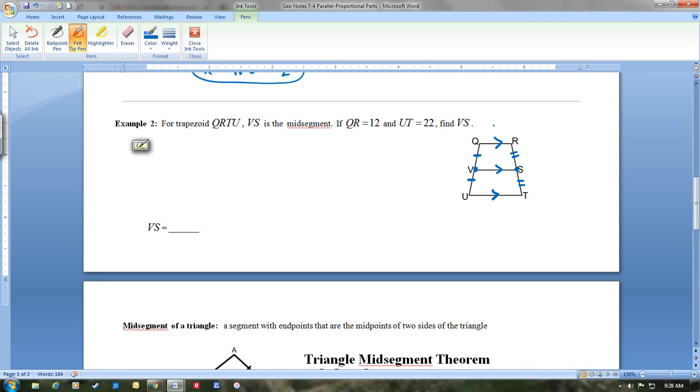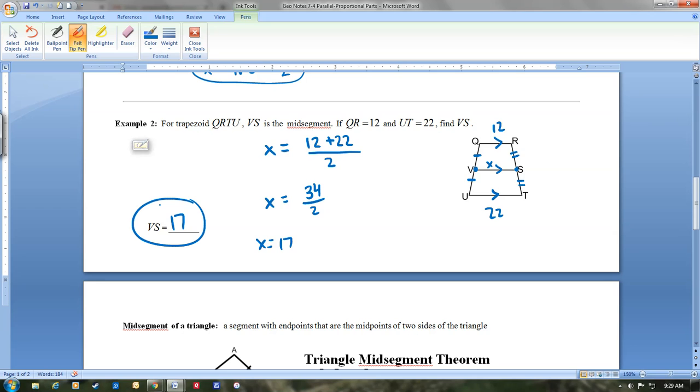QR's length is 12, UT's length is 22, find VS. VS is the midsegment, so its length is the average of the parallel segments of the trapezoid. So we have 34 divided by 2, which is 17. So 17 is our answer.